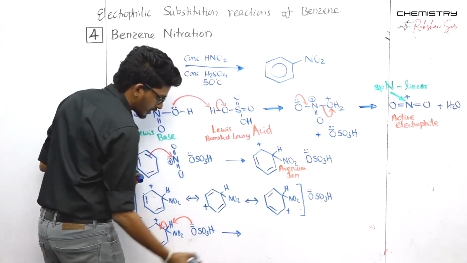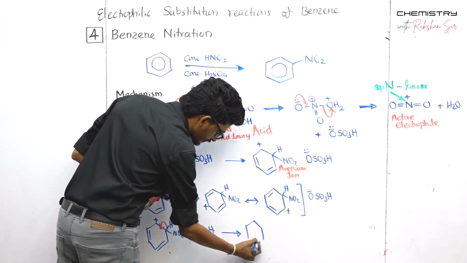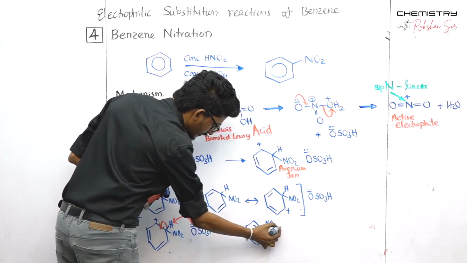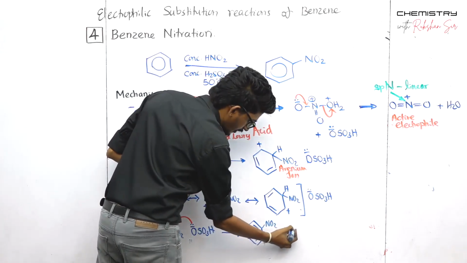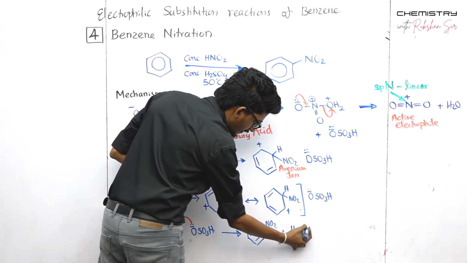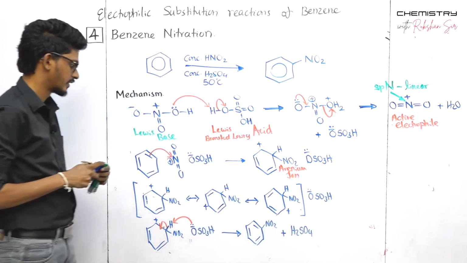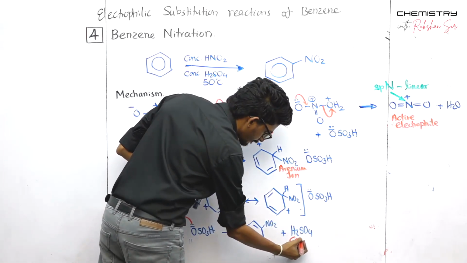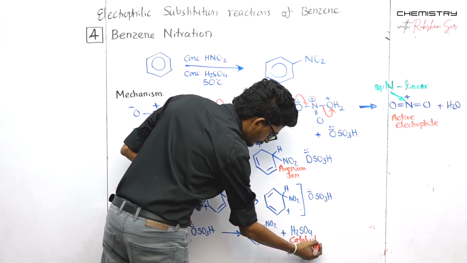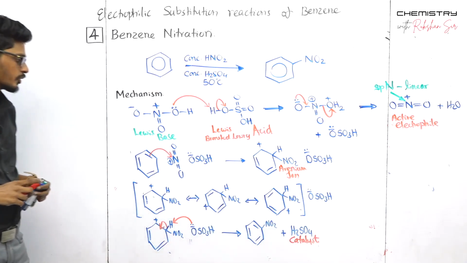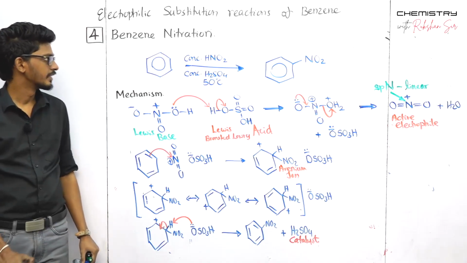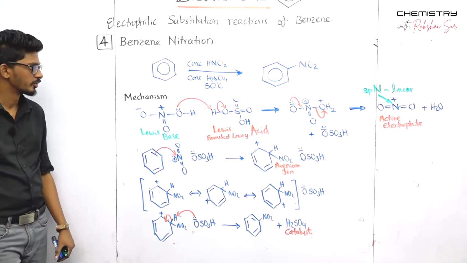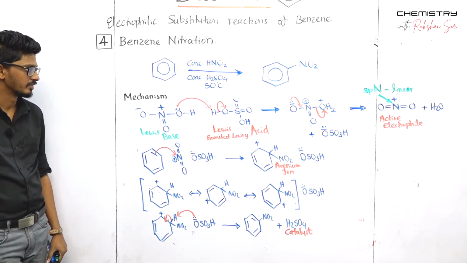So you will create the product and the H2SO4 again. H2SO4 is considered the catalyst for this reaction. It is created again, so it is the catalyst. So this is the nitration mechanism. Just quickly go through that. You can take a screen capture as well.